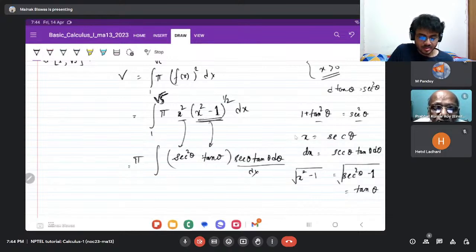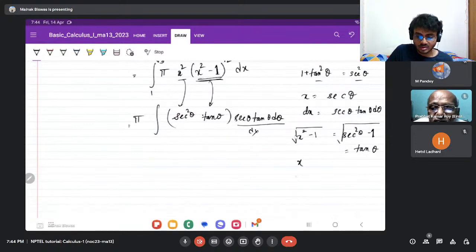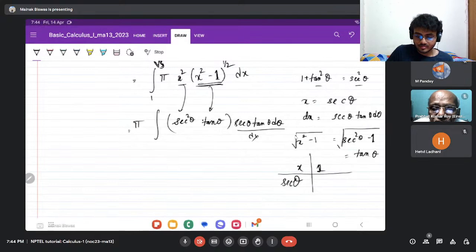Pi into the integral from 1 to root 5 will change to, somebody will tell me now, x and sec theta. So x is equal to 1, right? So theta will be, what will it be? x is 1 means 1 is equal to sec theta. If you take sec inverse of 1, that is 0, right?